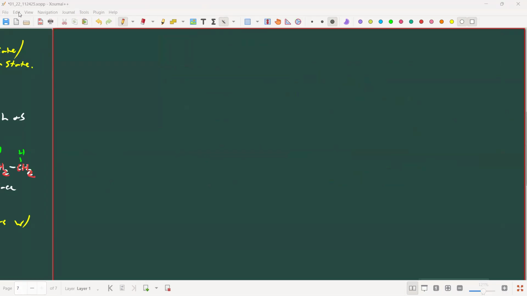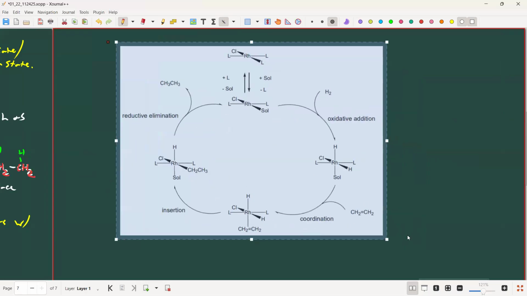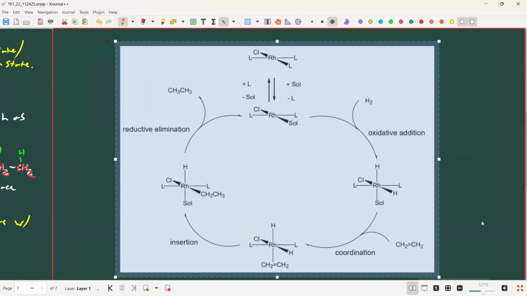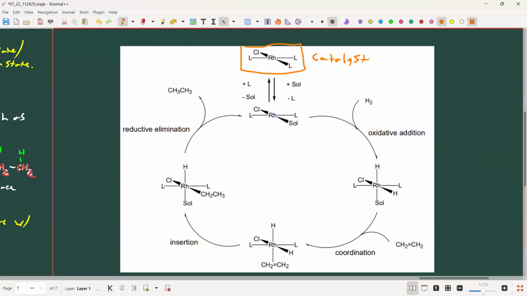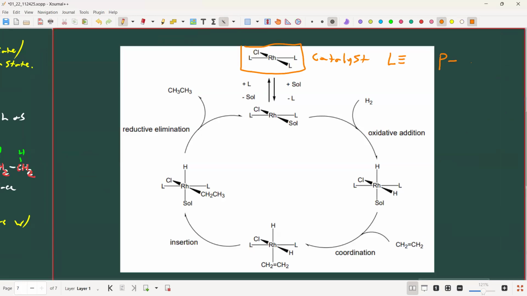This is a really common, basic catalytic cycle. So this is our catalyst here. It's a rhodium chloride. Typically, L is a phosphorus with 3 benzene rings attached to it.